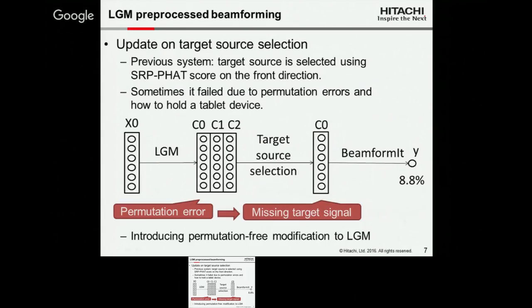This uses the geometry of the microphones. But sometimes it fails due to permutation errors and how the tablet device is held. So this is not so robust. So we changed this target selection algorithm, introducing a permutation-free modification of LGM.